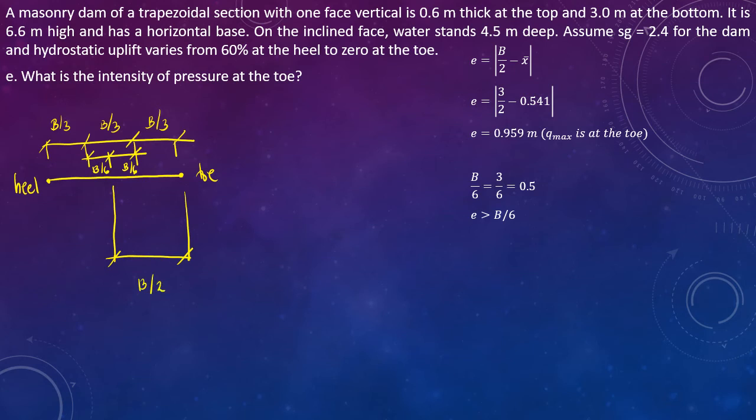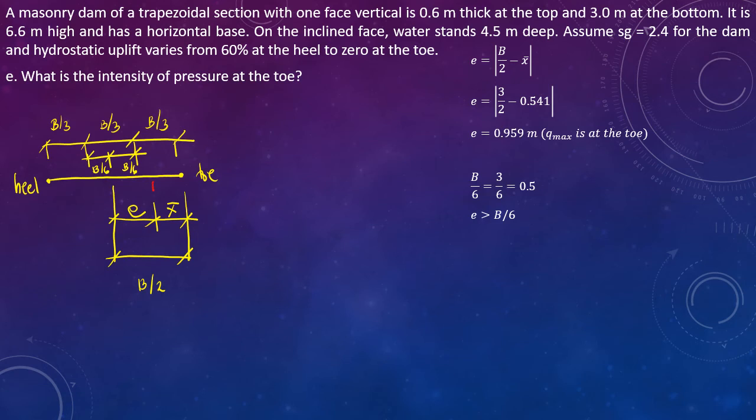Now, based on our comparison between E and b over 6, it says that your E compared to b over 6 is greater. This is now your x bar, which is the location of your Ry from the toe.